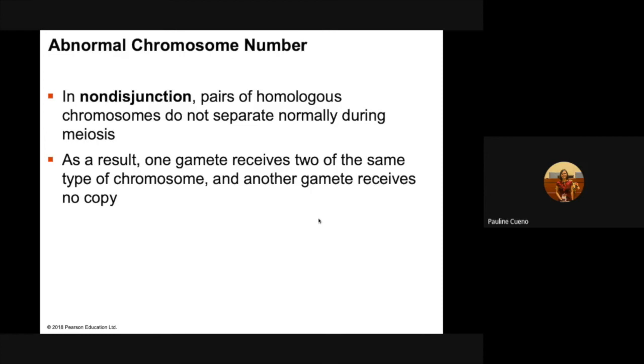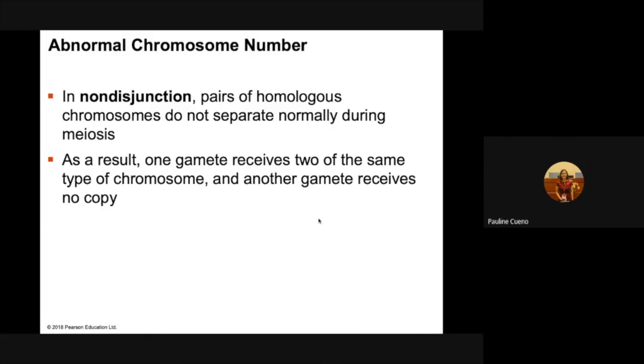So in non-disjunction, these pairs of homologous chromosome fail to separate normally during meiosis. So as a result, if they fail to separate during meiosis, therefore one gamete will receive an excess copy of the chromosome, and then the other gamete will receive no copy at all.